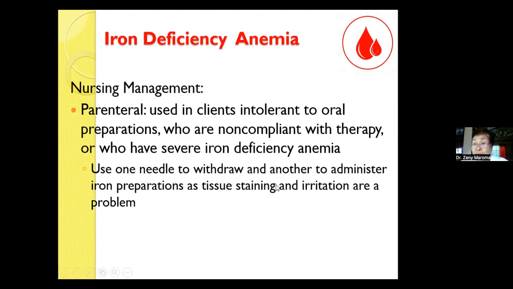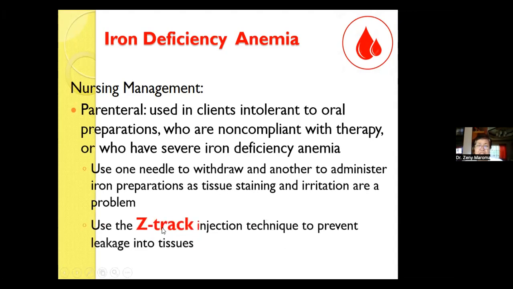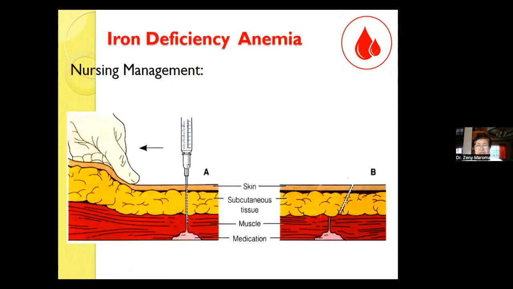That's why you have to change the aspirating needle pagka ang inaspirate mo ay iron. Use one needle to withdraw and another to administer the drug, in order to prevent tissue staining and irritation. Use Z-Track technique to prevent leakage into the tissues.